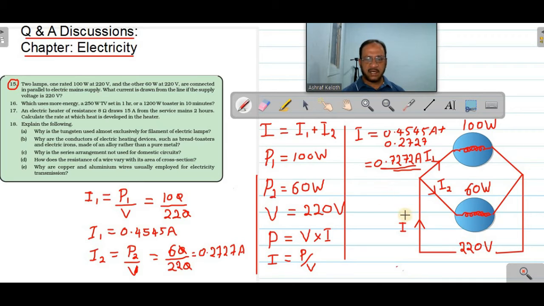So 0.7272 ampere is the total current in this line. This current flows through the main line, the sum of the current consumed by the 100 watts bulb and the 60 watts bulb.